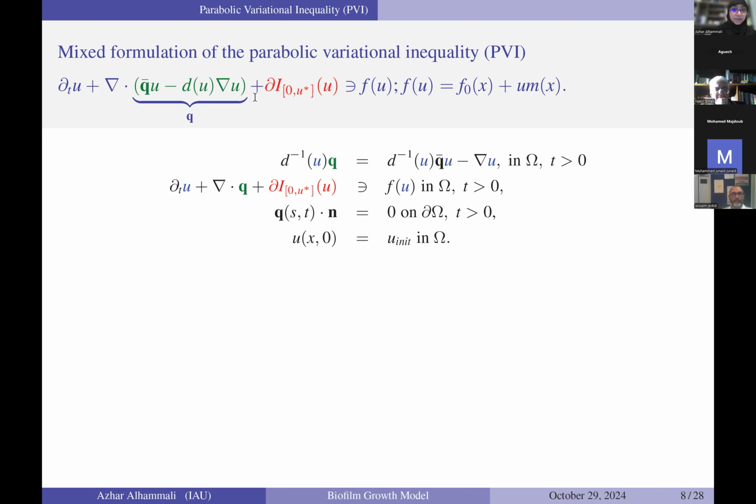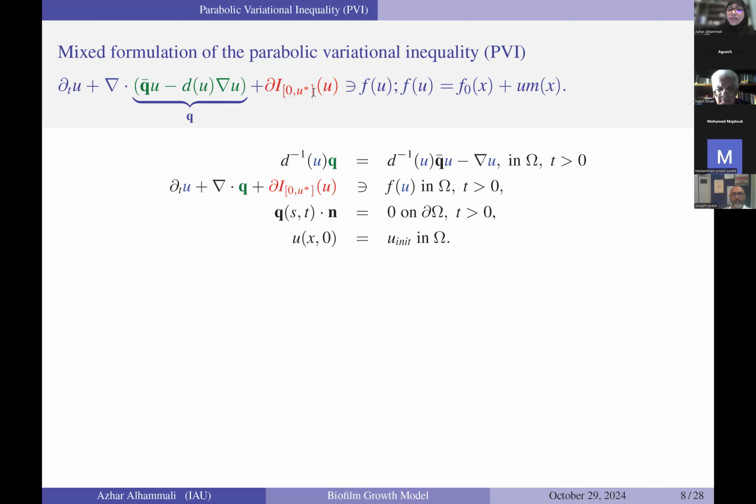Azhar, yes, there is something that I don't understand. I don't understand what this sign means, belong. What does f of u belong to this quantity in the second equation mean? Okay, yeah, because this is a multi-valued function.